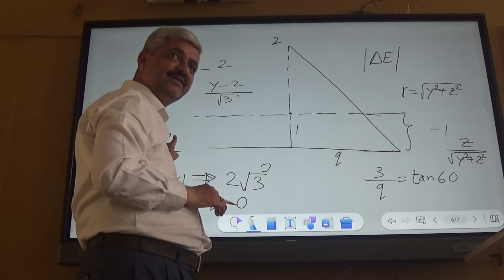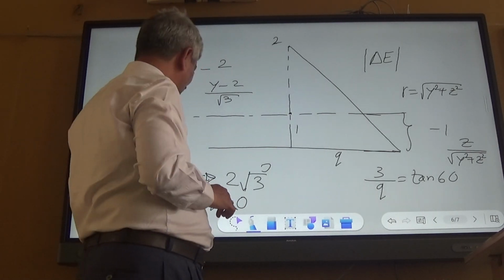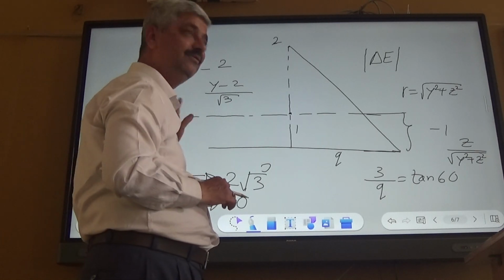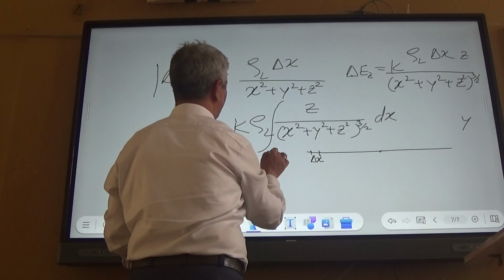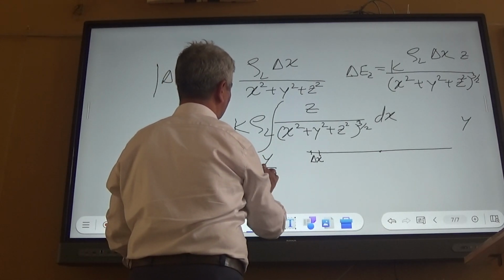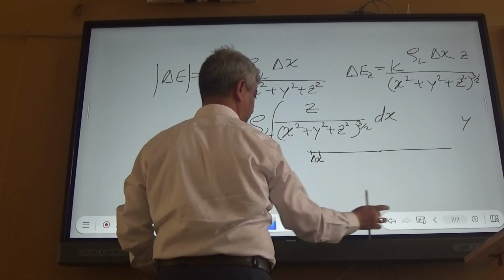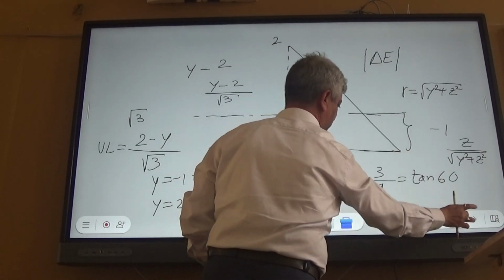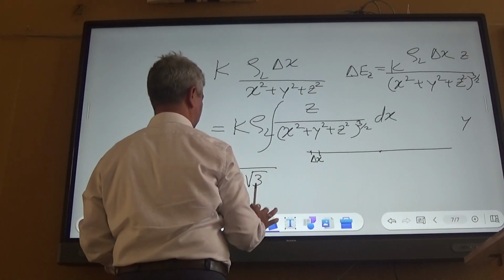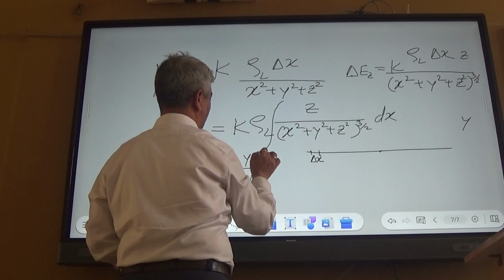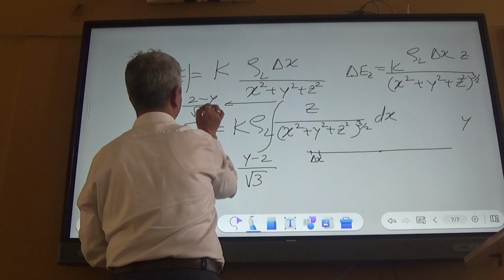When y is equal to -1, 2 minus -1 upon root 3 is root 3. And when y equal to 2, it is 0. So lower limit is y minus 2 upon root 3 and upper limit is 2 minus y upon root 3.